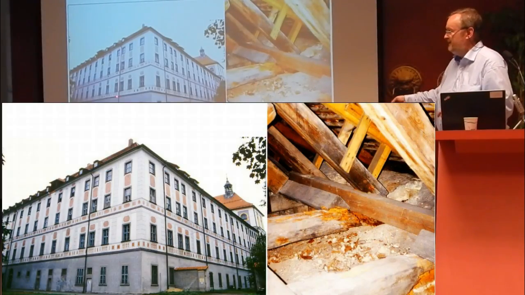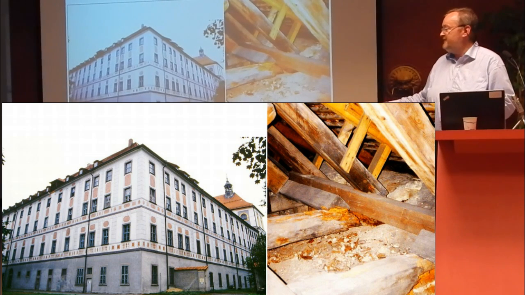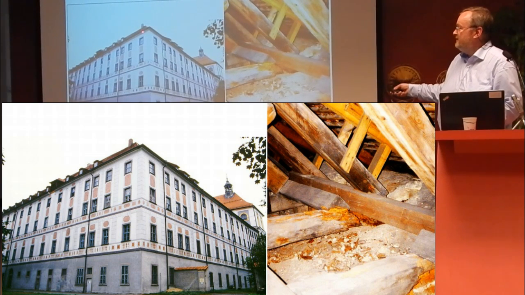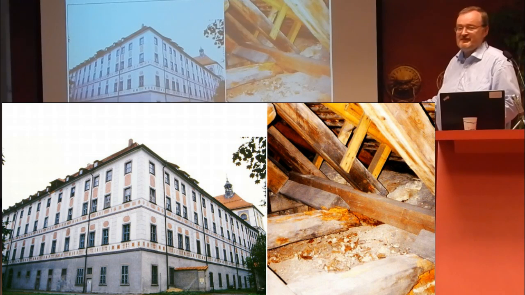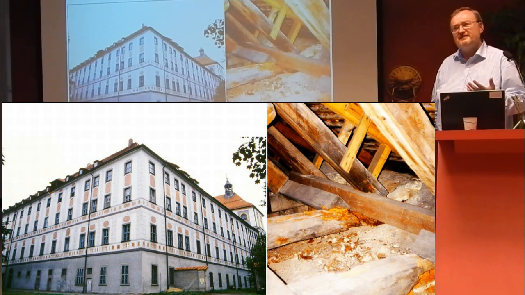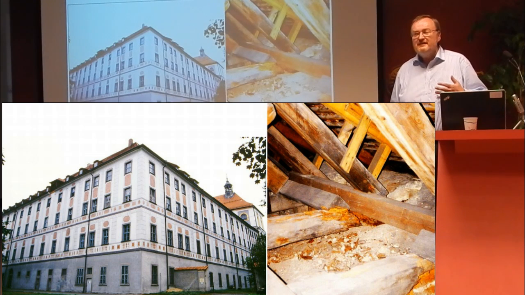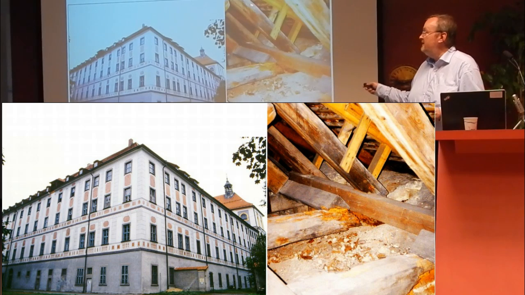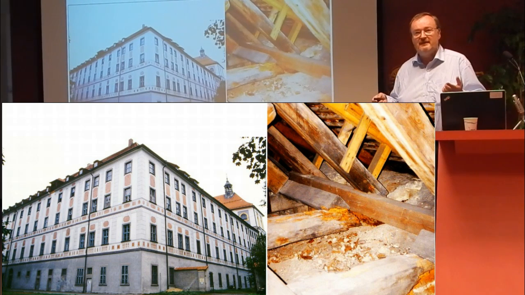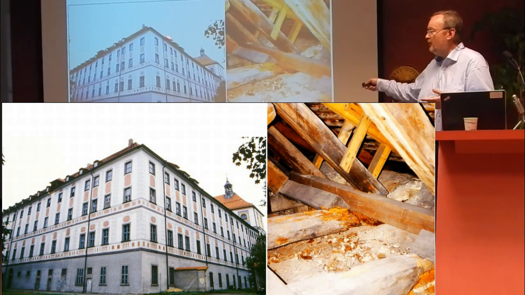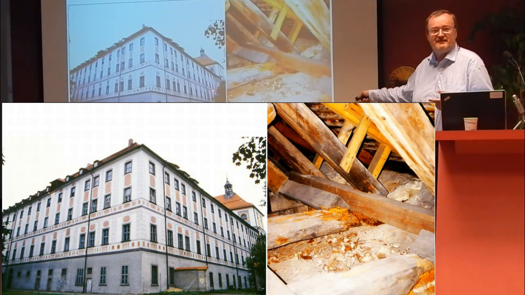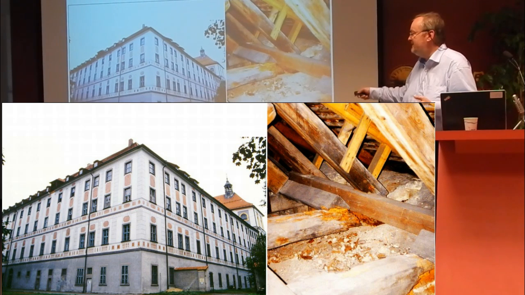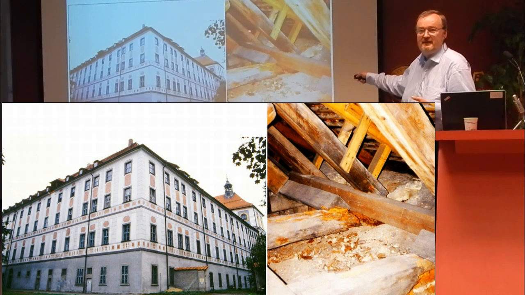Next example. It's a Baroque monastery, and I saw some cracks in the facade and don't understand where the cracks come from. And I argued the roof. And then I found out the former architect did completely renew all tiles, and did nothing at the wood.